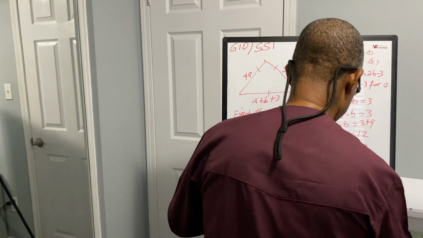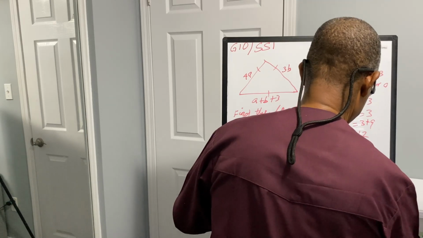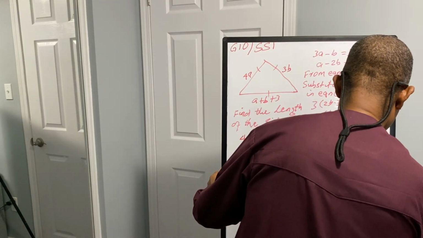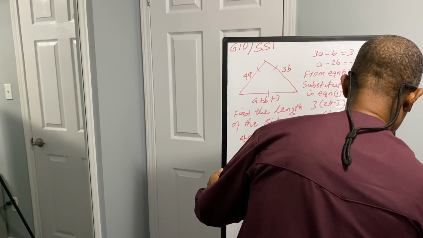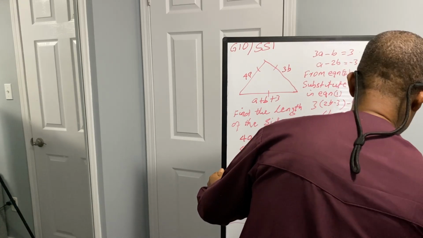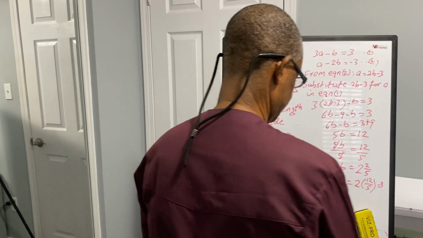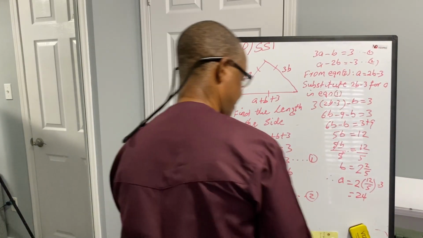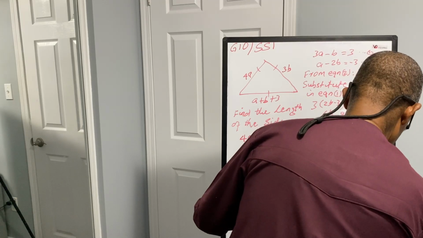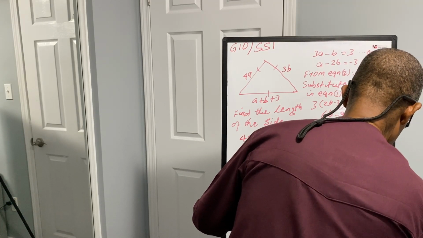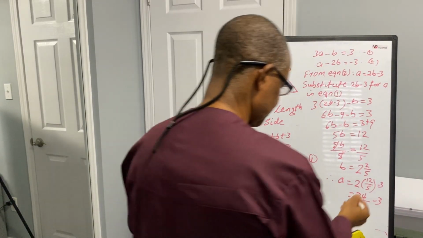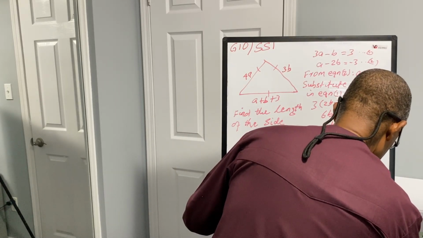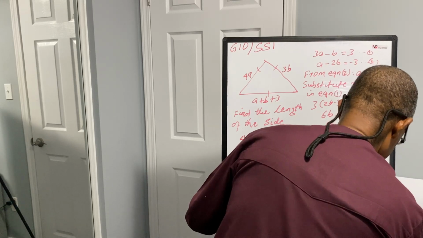Therefore, a is equal to, we say that a is equal to 2b minus 3. 12 over 5 minus 3. That will give us 24 over 5 minus 3. Boiling down to, this will give us 4 whole number 4 over 5 minus 3.